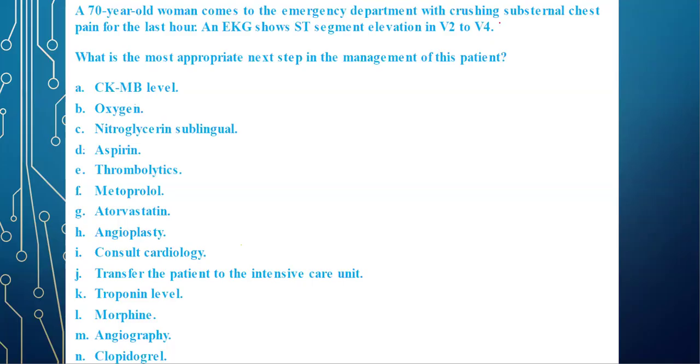A 70-year-old woman comes to the ED with crushing substernal chest pain for the last 1 hour. The ECG shows ST elevation from V2 to V4. What is the most appropriate next step in the management of this patient? Now, in your exam, definitely you will not get all these options. But what do you think you will do in an ST elevated MI patient?